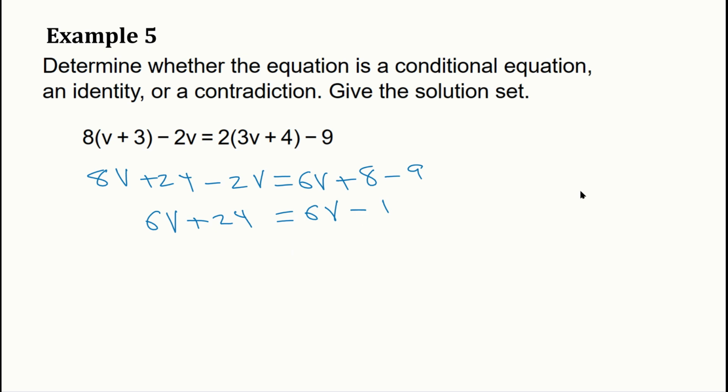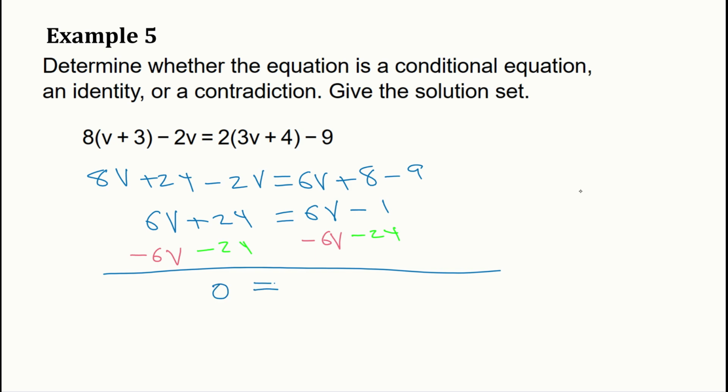Let's go ahead and just go one more step. If we subtract 6v from both sides, and let's say, for example, subtract 24 from both sides, notice what we end up with. We end up with 0 equals negative 25, which is of course a contradiction.